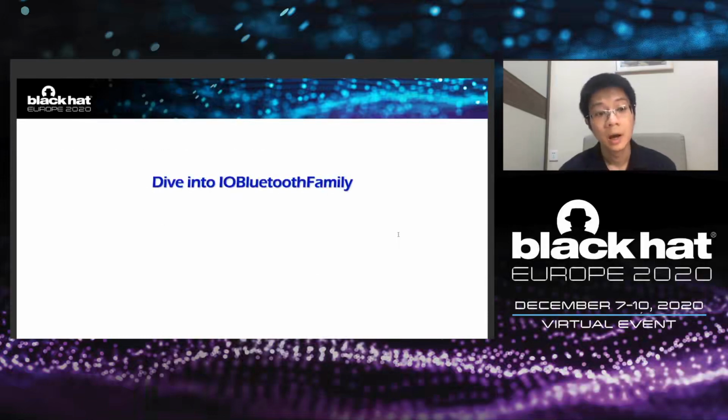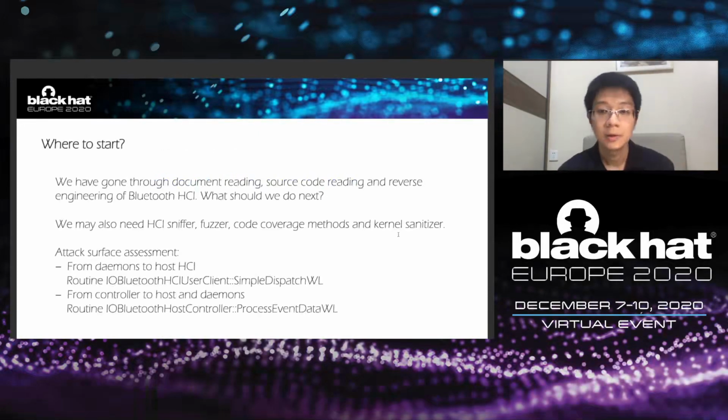In the next part, we will try our best to dive into IOBluetoothFamily. To be honest, when I started this research project, I didn't expect that I could find the security problems of Bluetooth. At first, I just wanted to learn about the Bluetooth subsystem of macOS. For this, I read the documentation, read a lot of source code, and even reverse engineered the Bluetooth kernel extensions.